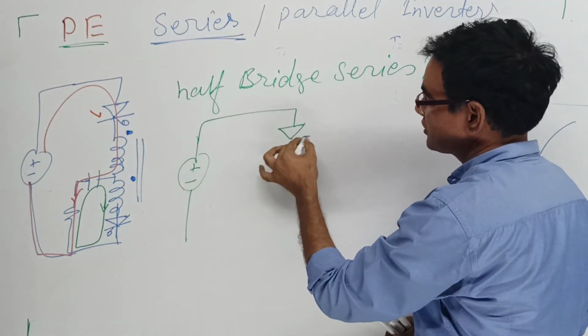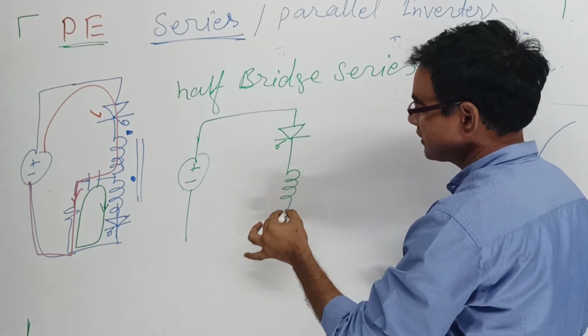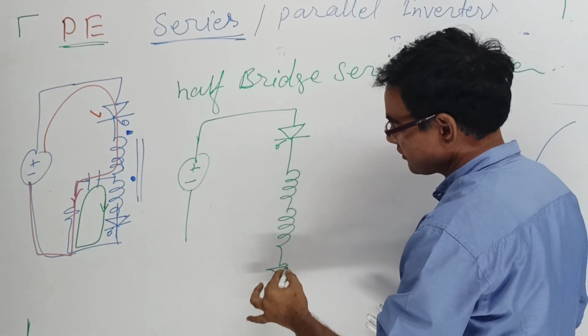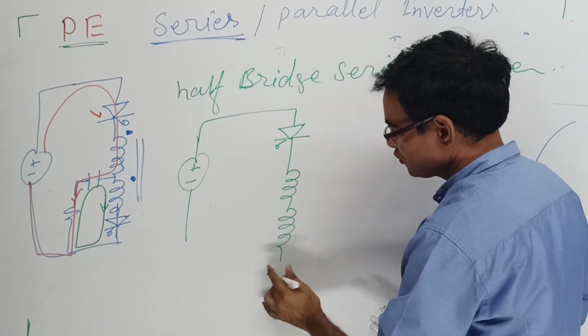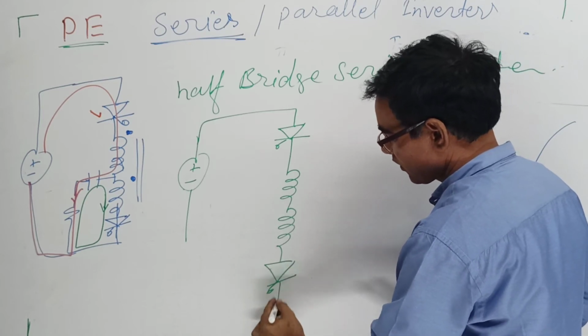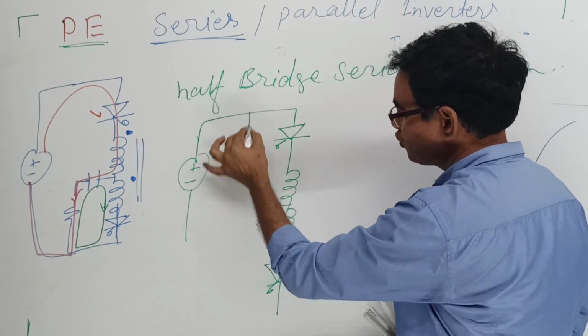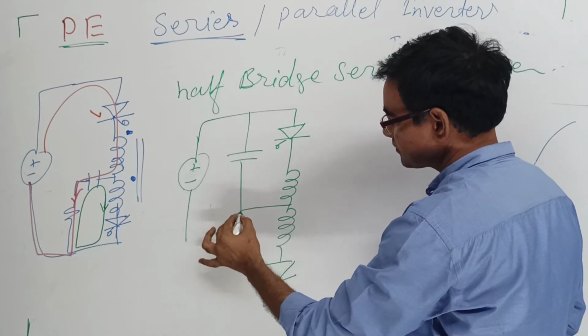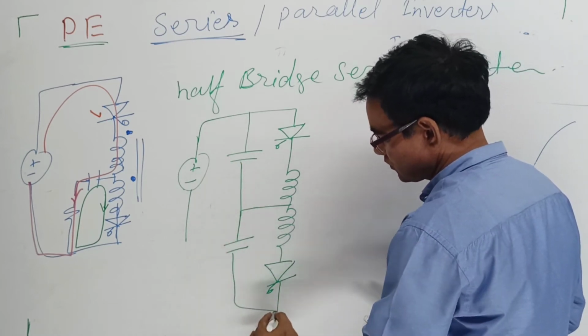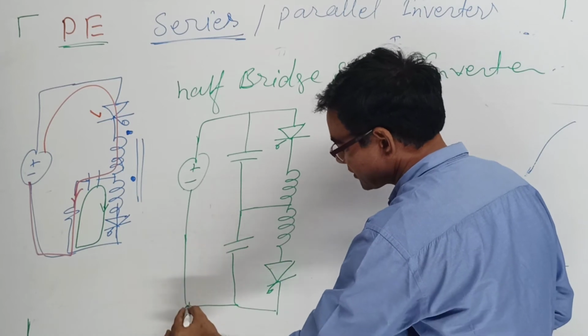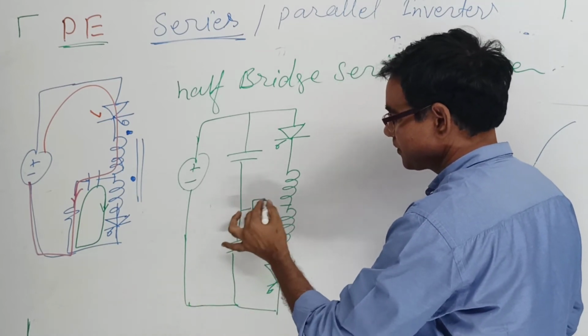This is the switch, this is the inductor, and this is the second inductor, and this is the further switch, and then the two capacitors. And in between the capacitor and inductor there is a load.